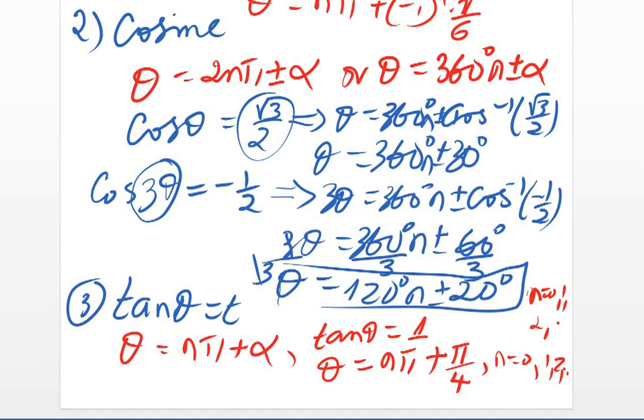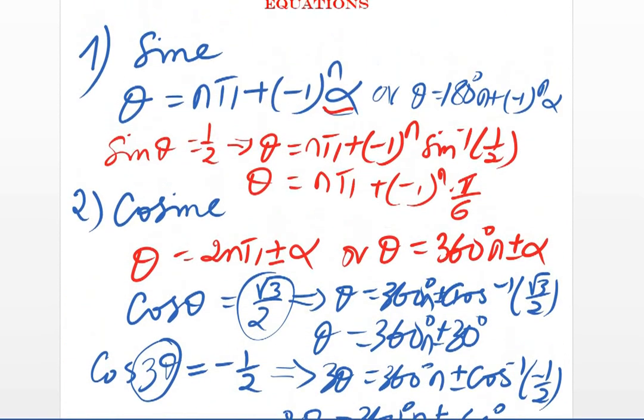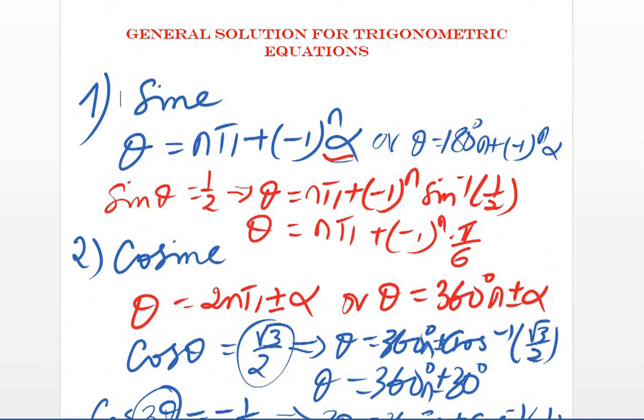So when you are talking about all these trig ratios here, for example, for sine, we have a situation whereby, let's say you have sine theta is equal to a, where a is a ratio. In the second case, for example, cos theta is equal to b, where b is a ratio. That is what we do about general solution.